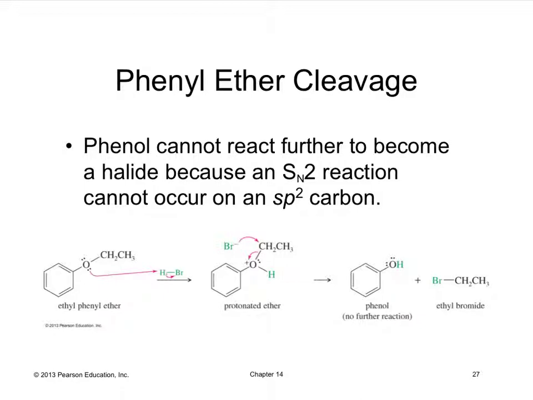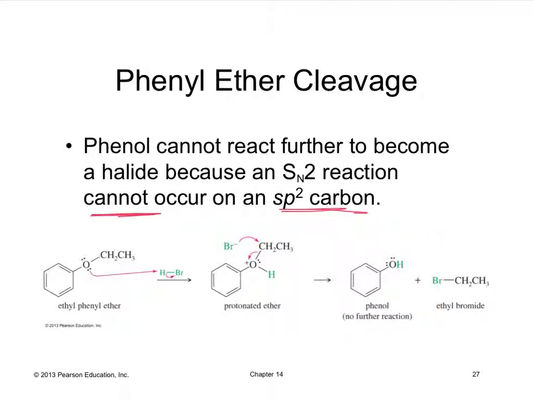In terms of phenyl ether cleavage, phenols cannot react further to become a halide because an SN2 reaction can't occur on an sp2 carbon. So if we look at this here, reaction of an ethyl phenyl ether in the presence of hydrogen bromide protonates, the bromide anion forms, that bromide anion then attacks this ethyl group, electrons go to form the phenol and then ethyl bromide.